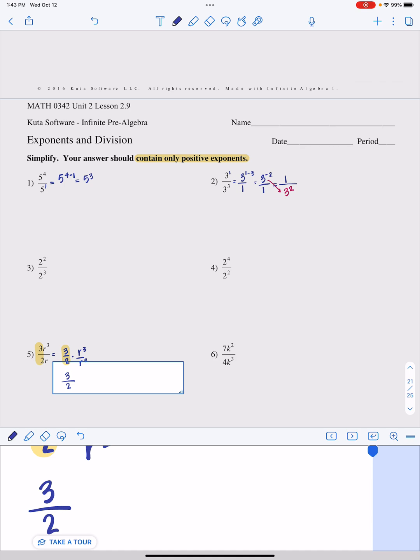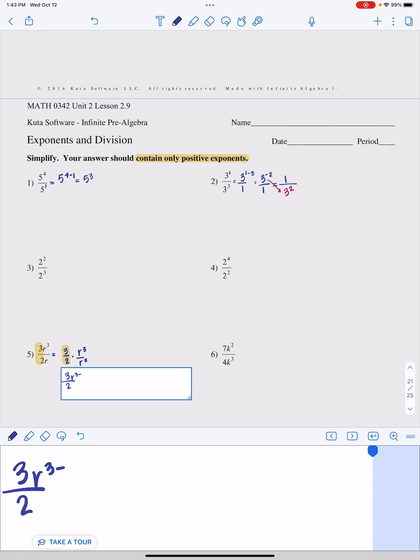Then I'm going to take care of my r's. I'm going to do r to the third minus 2. Top minus bottom. So I'm going to put in my 3 over 2. 3 minus 2 is 1, so I just have an r left on the top.